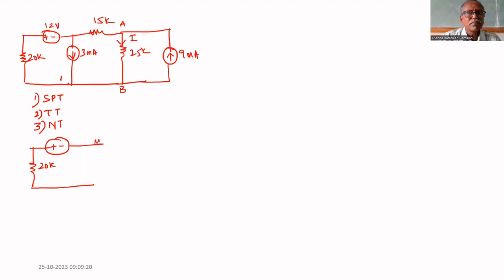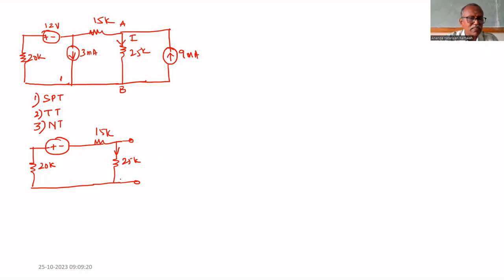Then we have to find the current through the 25K. If you open this 9 milliamps also, the 3 milliampere and 9 milliampere sources are opened. Now we have to find the current through 25K.